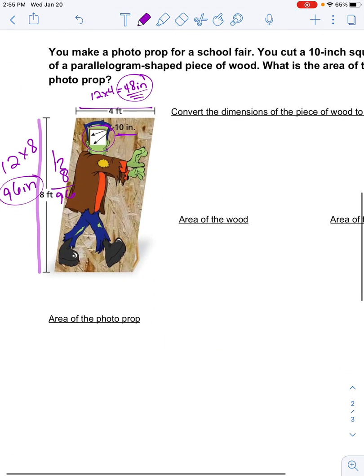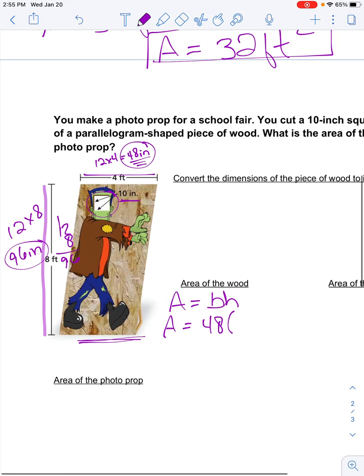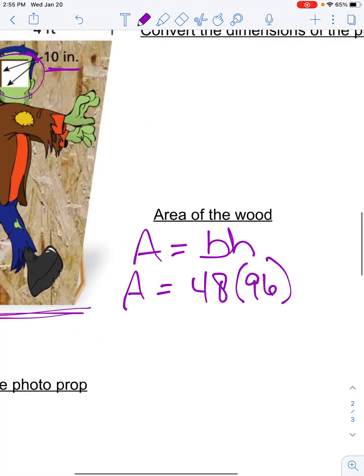Now the area of the wood. That wood is a parallelogram, so base times height. The base, what it's sitting on, is 48 inches. The height was 96 inches.